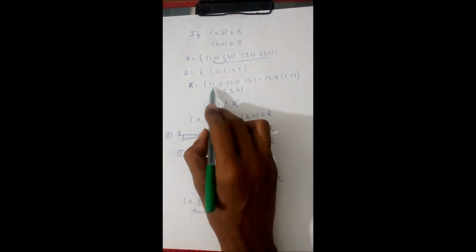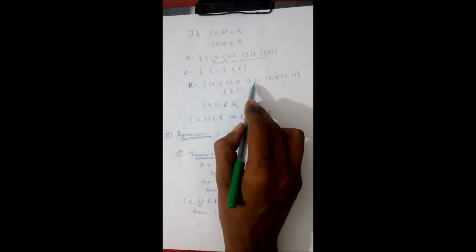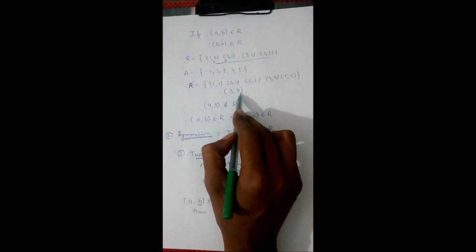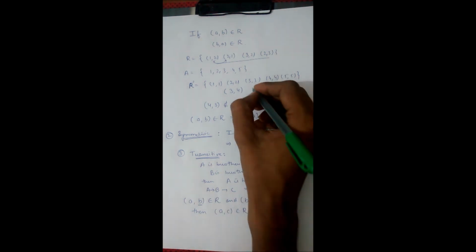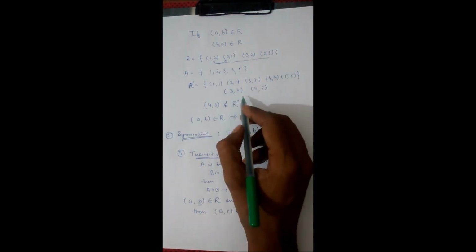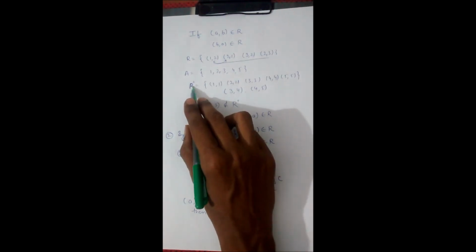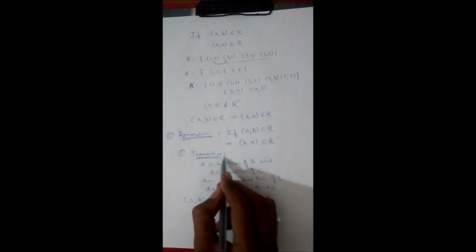Like if we look at this R double prime, we have 3 comma 3, 3 comma 4, or we can say that 4 comma 5 also if I include here. Then what do I have? 3 comma 4 belongs to R double prime, 4 comma 5 belongs to R double prime, then 3 comma 5 must also belong to R double prime in order to make this relation transitive.